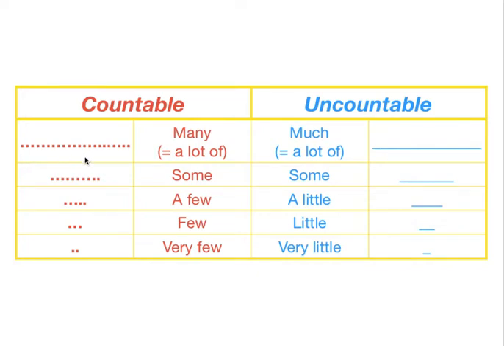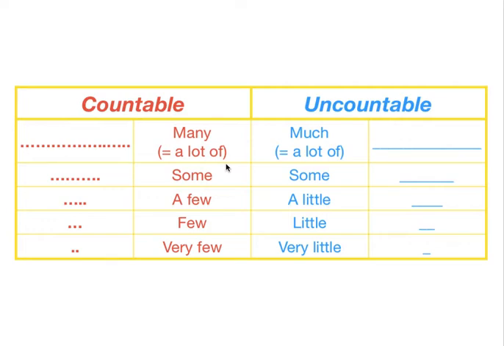You can count how many dots are there in each of these lines. However, you cannot count exactly how many dots are there in these solid lines, which symbolizes its corresponding category, uncountable, meaning cannot be counted.